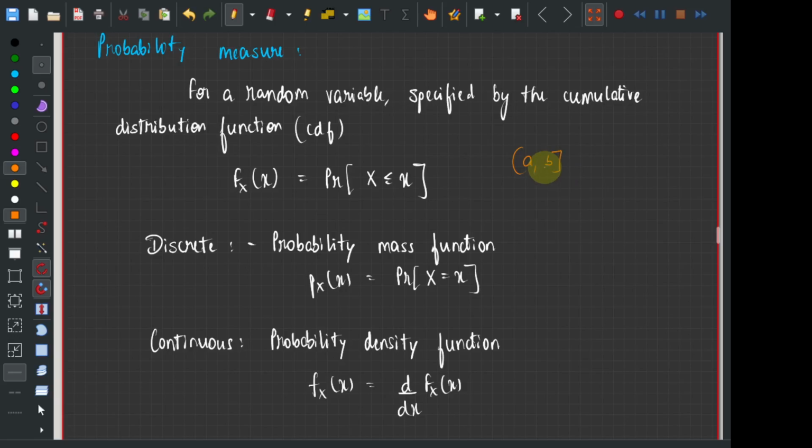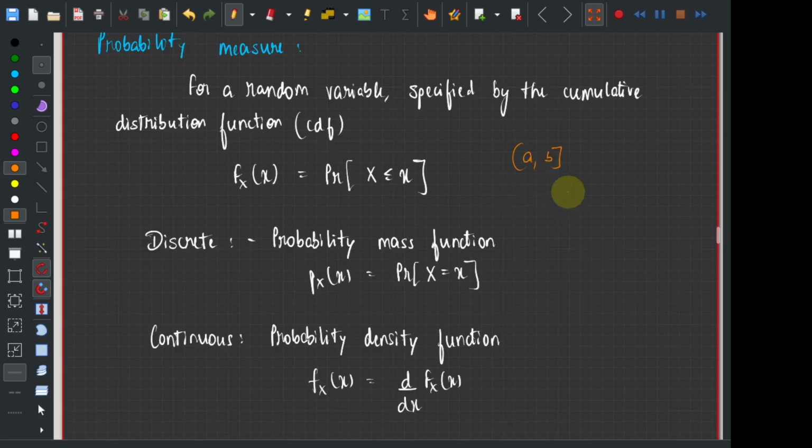So keep this experiment in mind, that is infinite sequence of coin tosses. I can view this as an infinite sequence of coin tosses, or I could also view this as a random variable which is uniformly distributed between 0 and 1. Right? Because sometimes it's easier to work with uniform distributions on 0 to 1 rather than an infinite sequence of coin tosses.